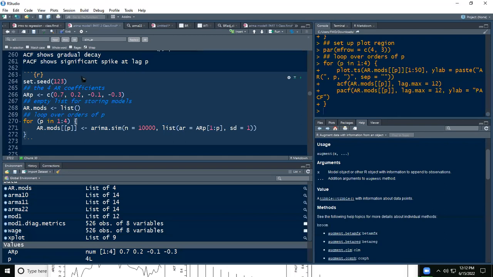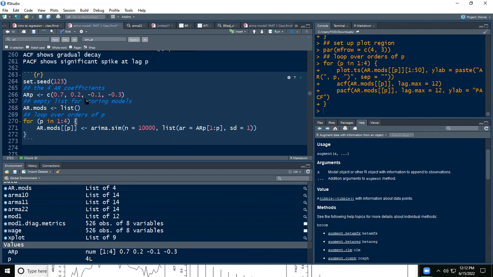So this is okay. Yung AR1 kasi 0.7 less than 1 siya. This is okay, 0.2. Pag ang ARIMA 2 ang ginagamit, 0.7 at saka 0.2 is okay kasi less than 1 yung sum ng mga parameters niya.